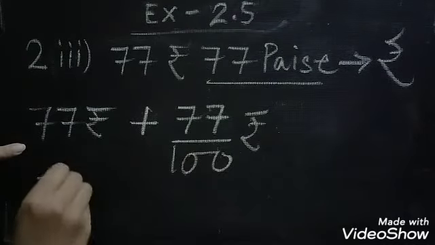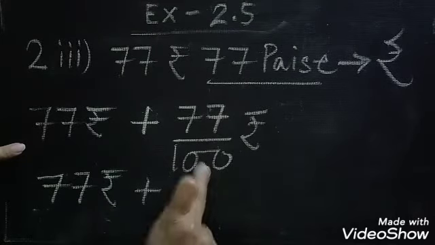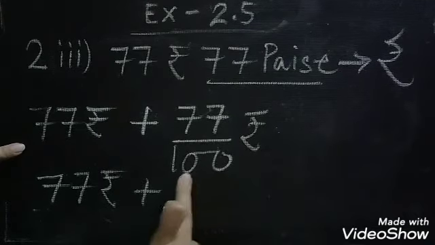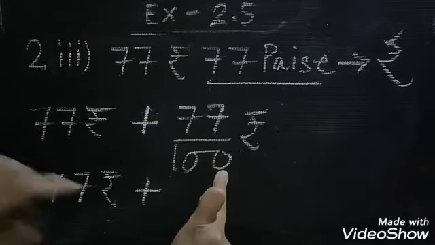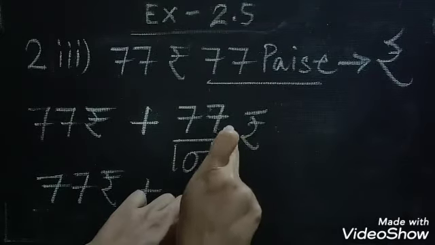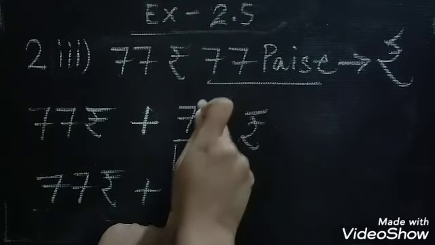Now convert this into decimal, which has 2 zeros in the denominator, which means you shift the decimal from here 2 places to the left. So 1, 2.